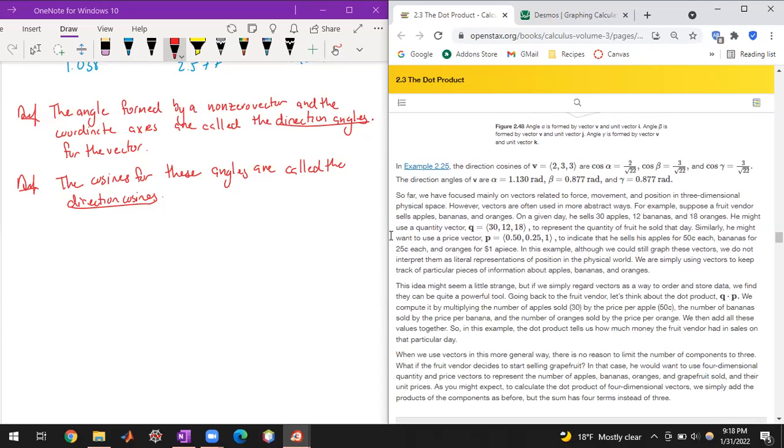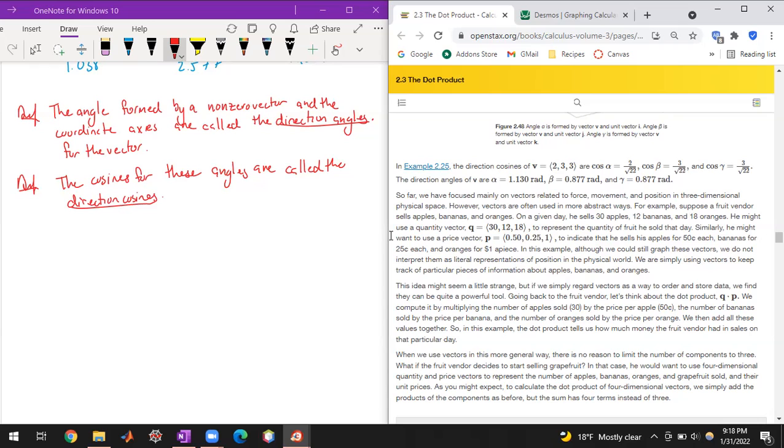So far, we've focused mainly on vectors related to force, movement, and position in three-dimensional physical space. However, vectors are often used in more abstract ways. For example, suppose a fruit vendor sells apples, bananas, and oranges. On a given day, he sells 30 apples, 12 bananas, and 18 oranges.